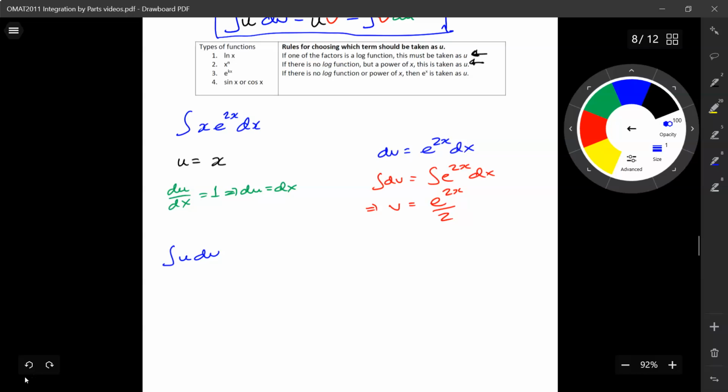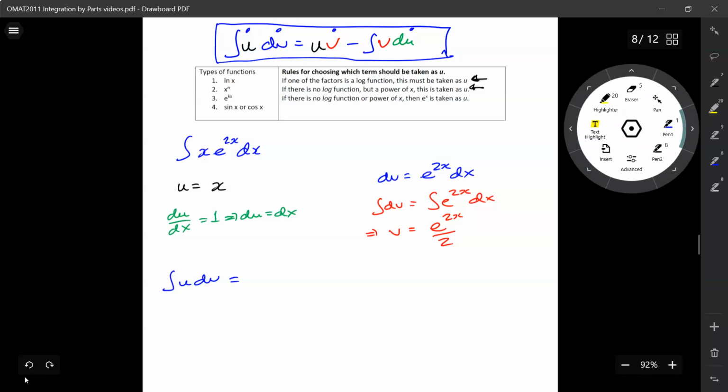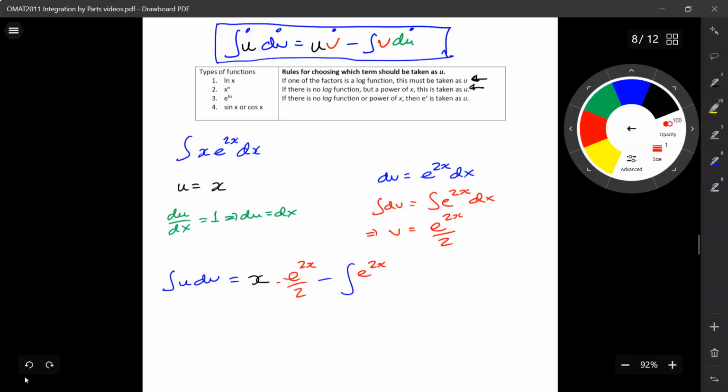The integral of u dv is equal to u times v, which is x times exponential 2x over 2, minus the integral of v, which is exponential 2x over 2, times du, which is dx. So that's uv minus the integral of v times du.